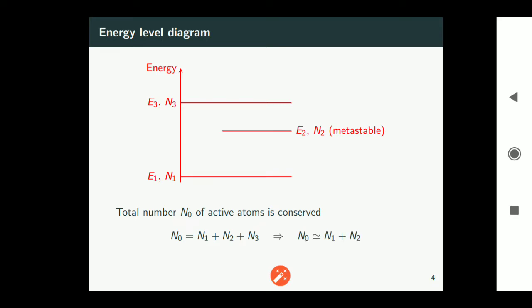Therefore, this expression can be approximated as N1 plus N2 only, because in actual measurement the number of atoms in level E3 will be very, very small. So N0 is nearly N1 plus N2. Keep this relation also in your mind.